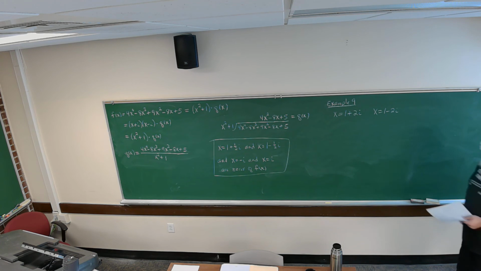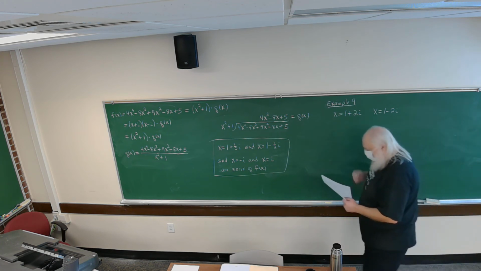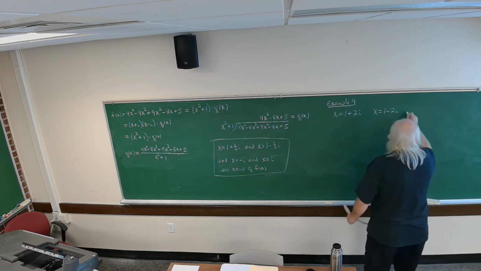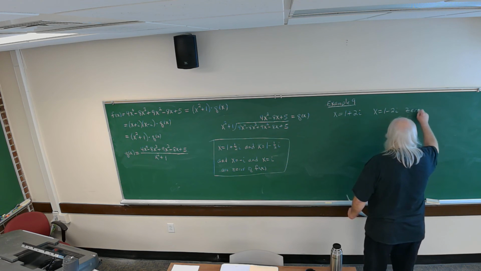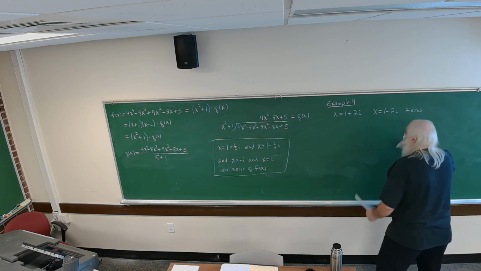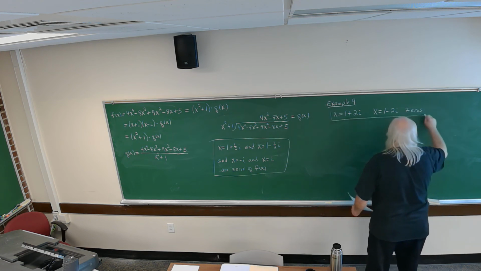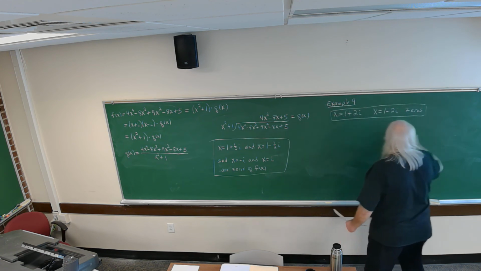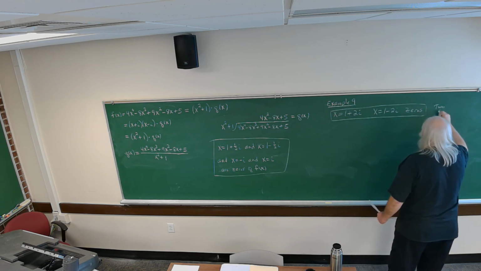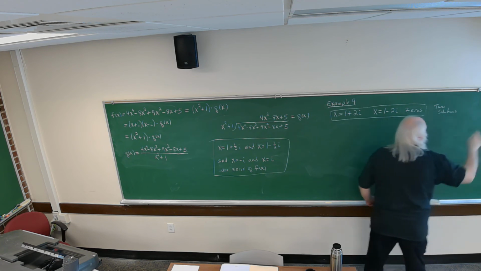So if 1 plus 2i works, then 1 minus 2i works. Okay? So these are two zeros, and they are two solutions to that equation.